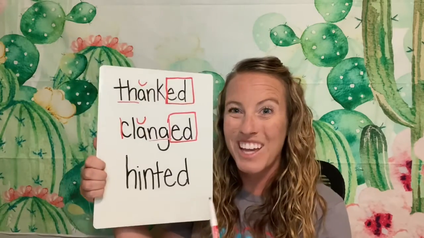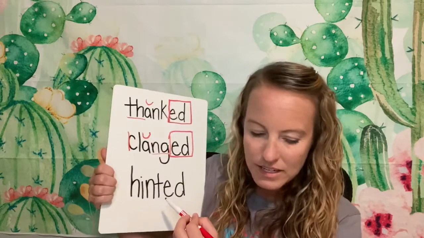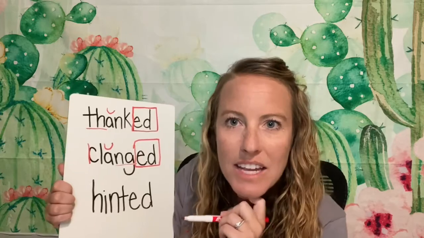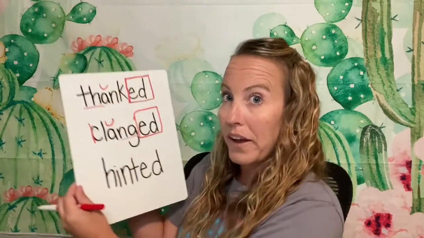Now we have the word hinted. Hint-ed. Ed. Oh, do you hear that? How many syllables does it have? Hinted. Let's clap this one out. Hinted. Oh, it has 2 syllables. Okay, we're gonna need that for later.